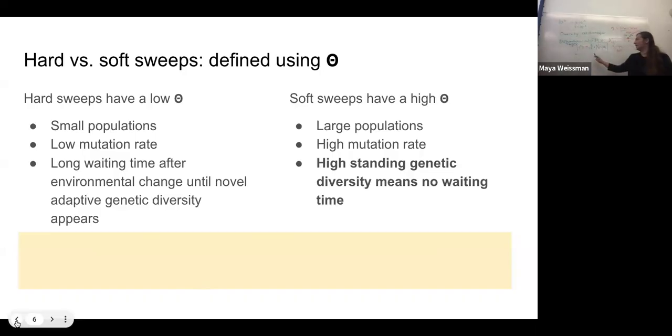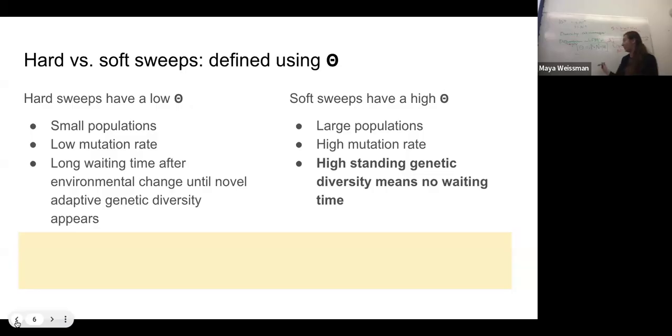So what is theta telling us? Just looking at what we're multiplying here. It's sort of a measure of how many mutations in the population. Yeah, exactly. So it's about how many mutations are going to occur per generation.